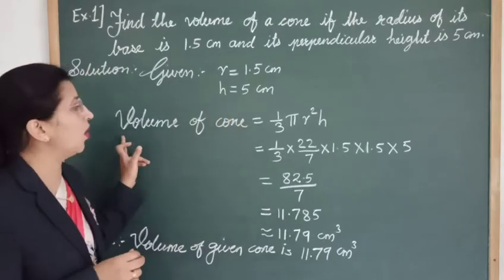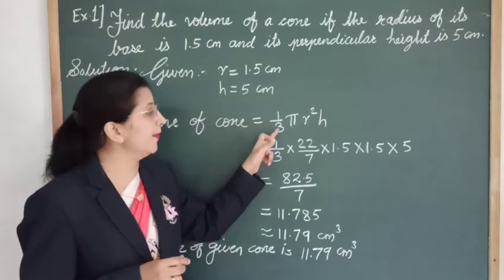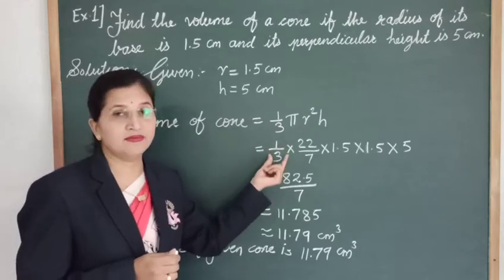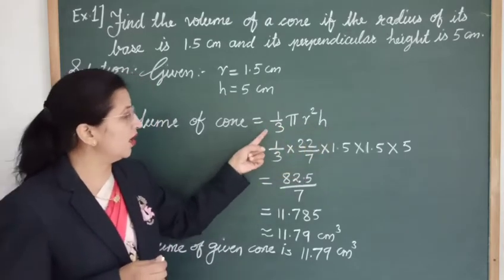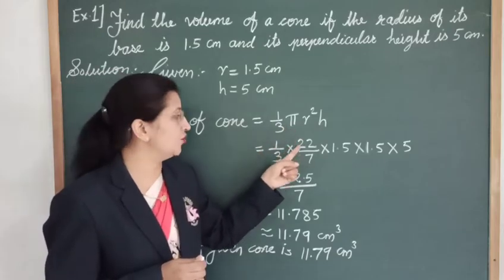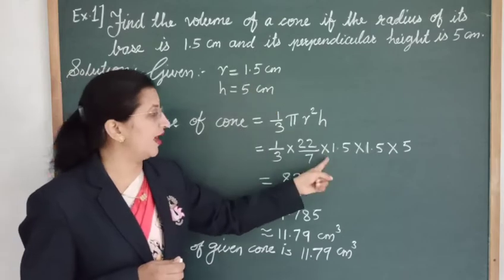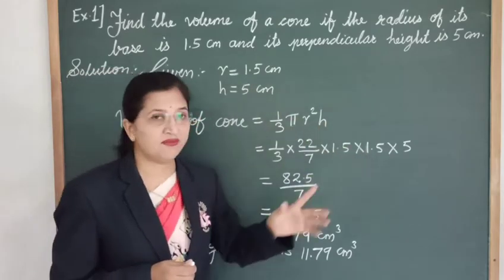So let's find the volume of the cone. We know the formula, 1 upon 3 pi r square h. Now let's put the values of radius and h: 1 upon 3, pi 22 upon 7, multiplied by radius 1.5 into 1.5, height 5.